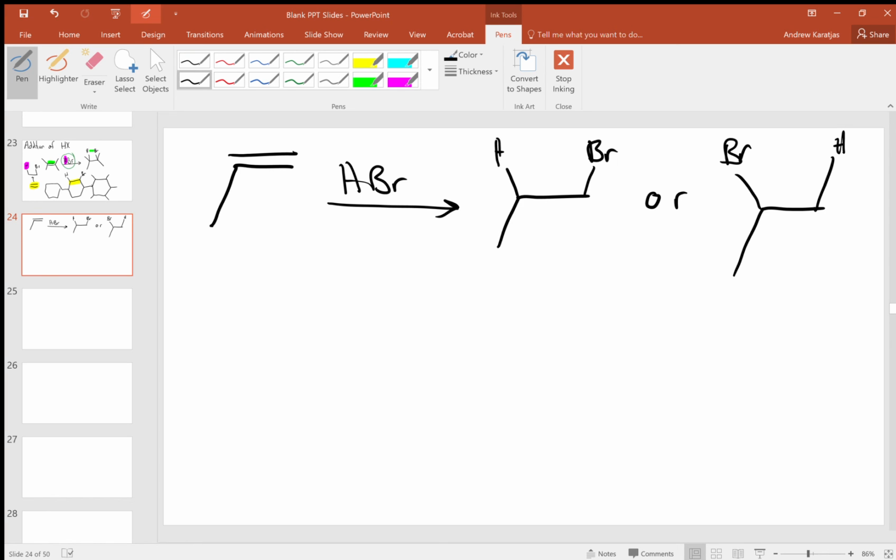But there are going to be times where you ask that question, how do we know how something happens that way? It's because people have studied the mechanism of the reaction, and the reaction mechanism gives us that information.